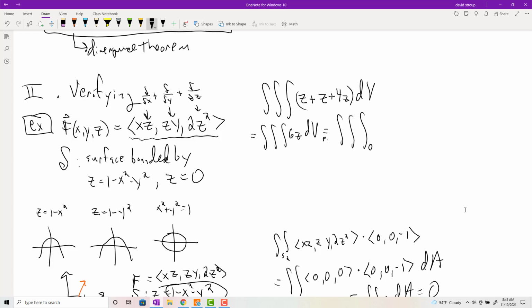But if you go polar, that's going to be 1 minus r squared. And then on the xy plane, you're doing the circle, so that's r equals 0 to 1, and then 0 to 2 pi. And then you just have 6r z, and then you're going dz dr d theta.